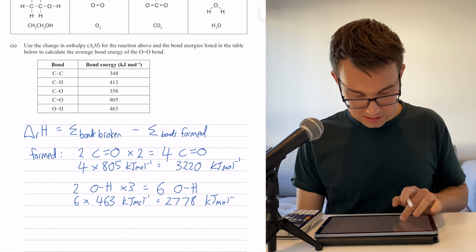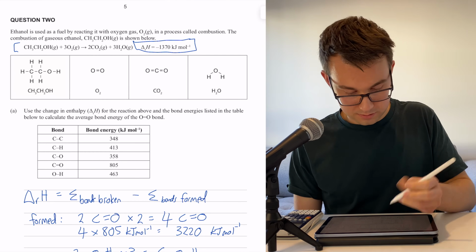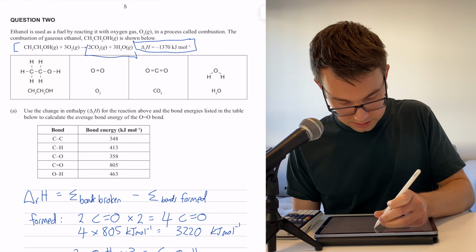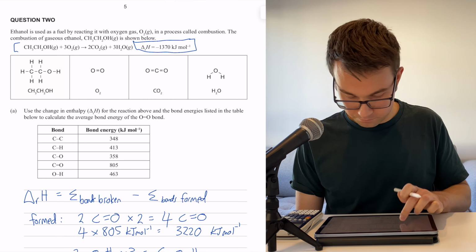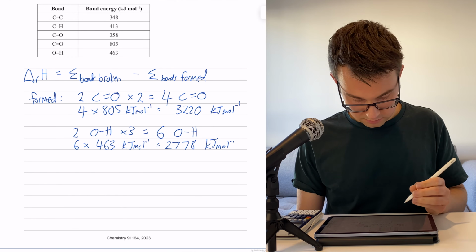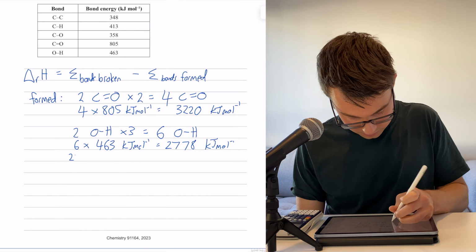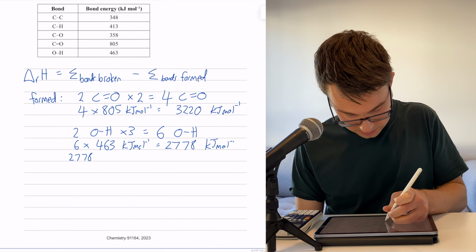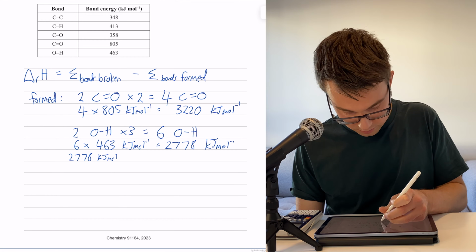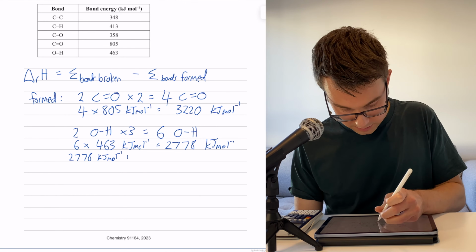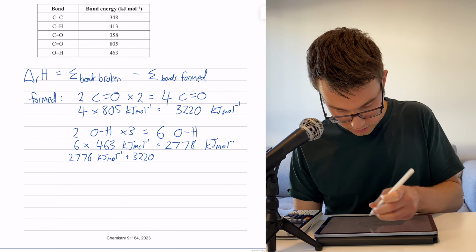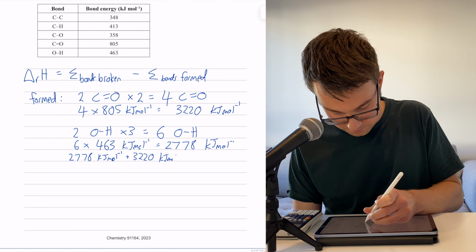Okay, so that's everything in the products, right? Everything that's formed is here, and we've done that. So let's total it together. So we can just go 2778 kilojoules per mole plus your 3220 kilojoules per mole.